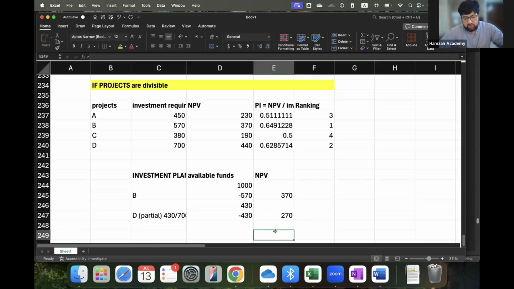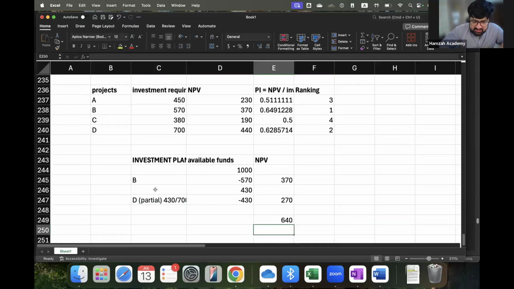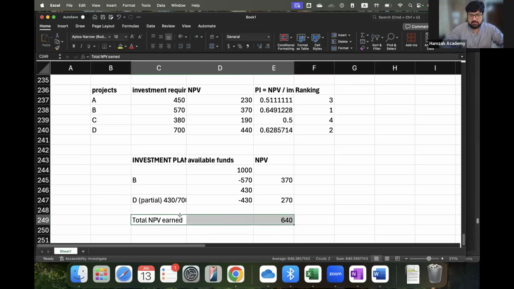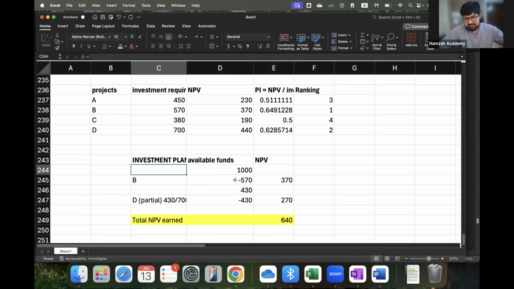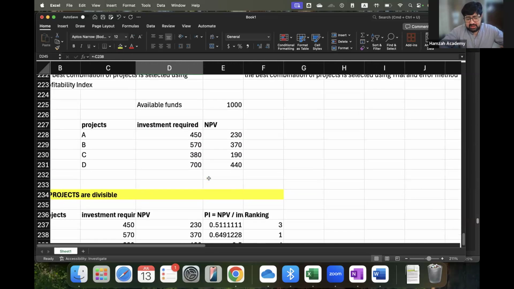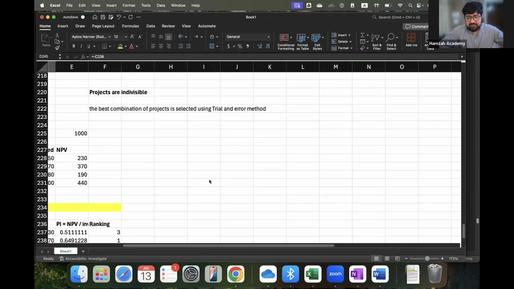Same proportion. So total NPV earned is here. So the optimum investment plan is to invest in full project B and part of project D, and the total NPV earned with this investment plan is here. Partial of D.